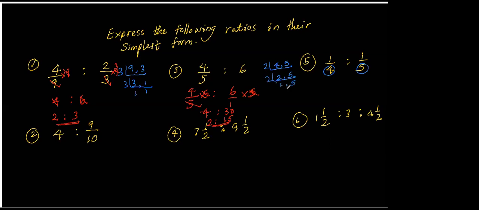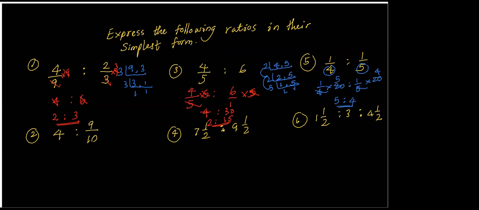Then by 5. 1, 1. 2 times 2, 4 times 5, 20. Then 1/4 by 20. 1/5 by 20. Yasit, can you understand this? 5 to 4. Answer is 5 to 4.